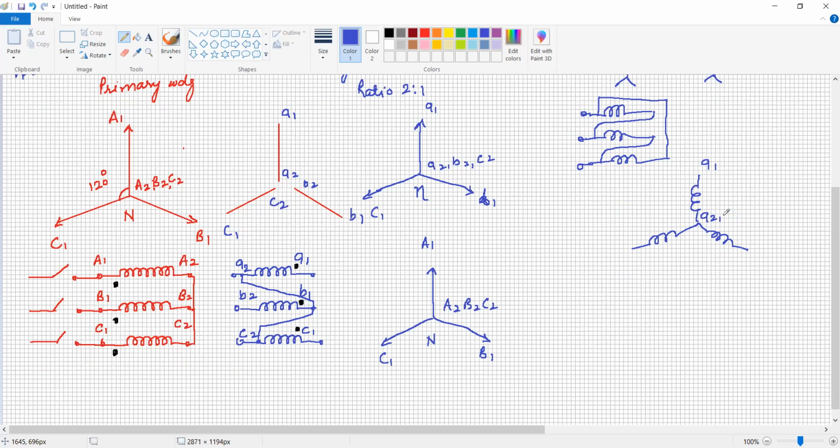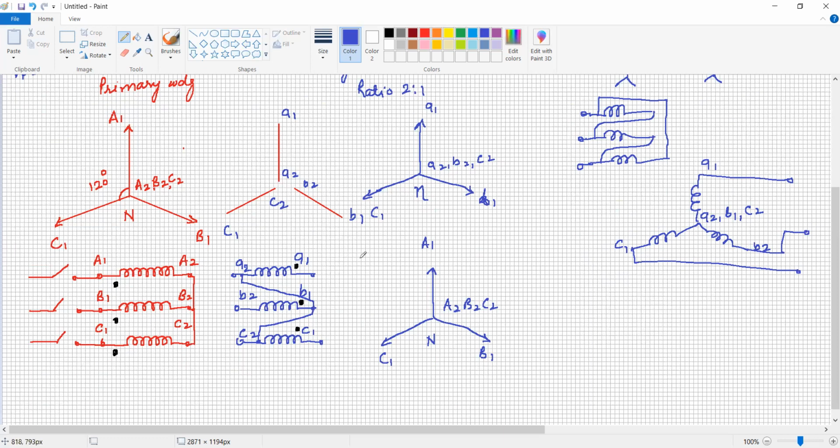Now it is connected to B1 and B1 is connected to C2. So remaining terminal is B2 here, okay, and here it is C1 here, okay. So no doubt it is a star connection. It is simply a star connection. But is this connection correct? We'll see with the help of a vector diagram of this wrong connection.